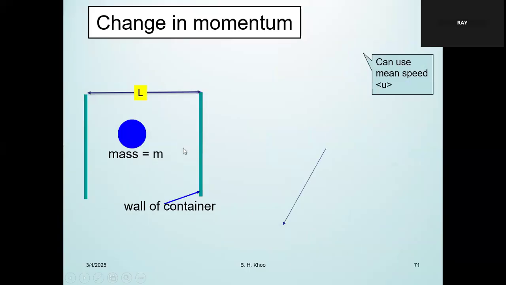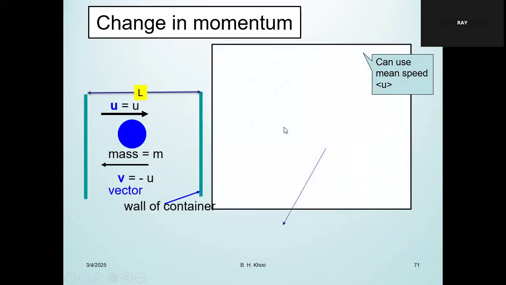Okay, just reviewing the same thing. This particle has a mass and an initial speed. We take to the right as positive. And after the elastic collision, it rebounds with a minus u. This is a velocity. Minus u means velocity in the opposite direction.